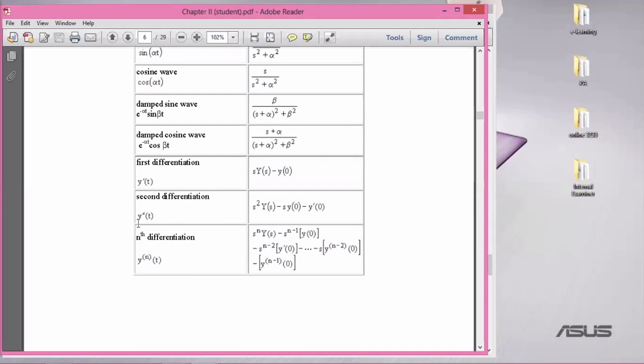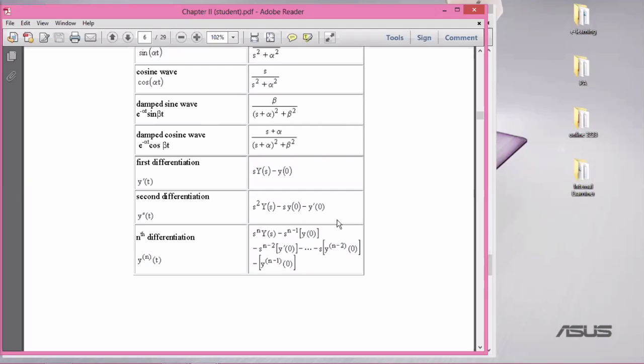The Laplace transform of a second derivative is s squared multiplied by Y of s minus s y of 0 minus y dot of 0. So this is the initial condition, the value of y at time t equals 0, minus the value of the derivative of y at time equals 0.